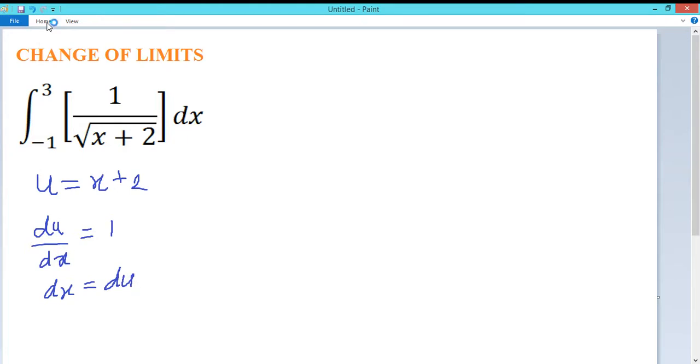So we are going to substitute u and dx into this function. So it's going to be 1 over the square root of u du.